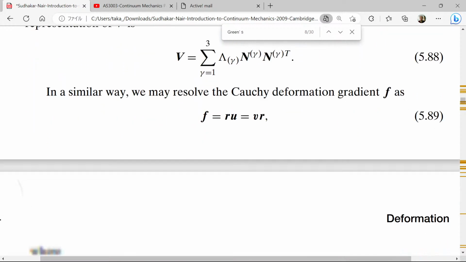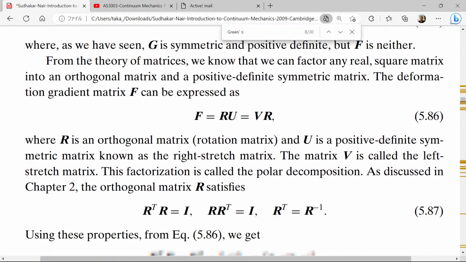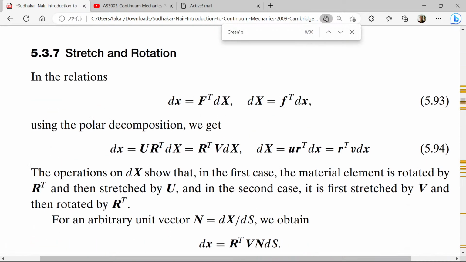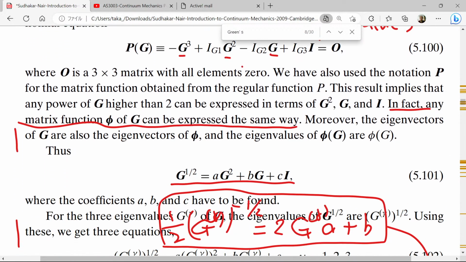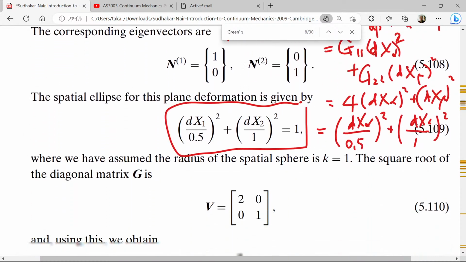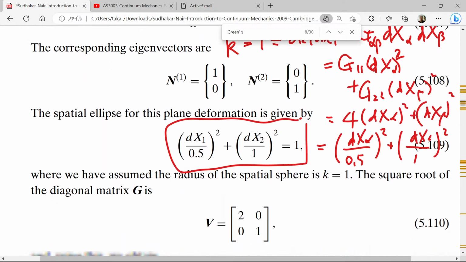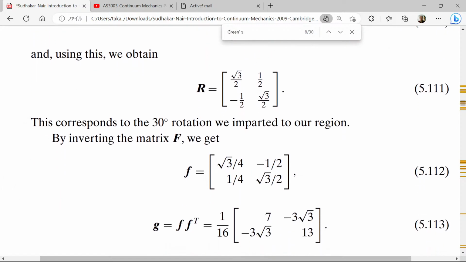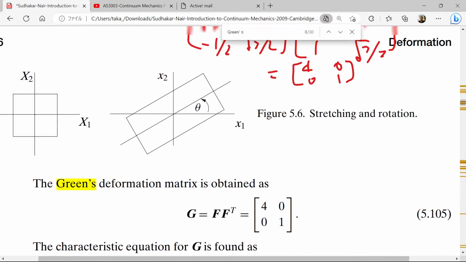G. I think this textbook should show this definition every time.